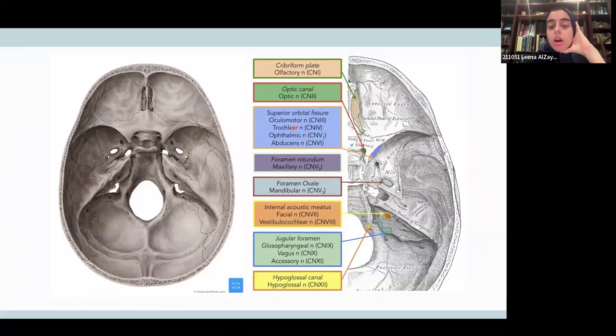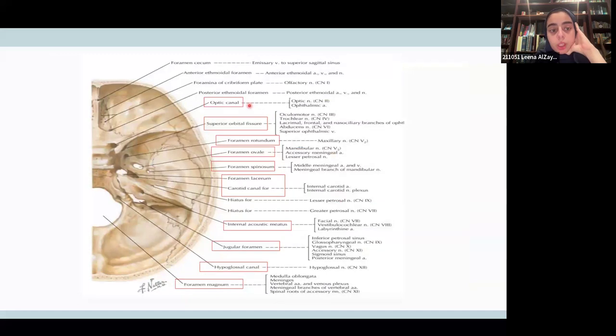Again, oculomotor, trochlear, abducent, and a branch of the trigeminal called the ophthalmic branch. And this is where it is, this long, slender thing. It's also here: superior orbital fissure, optic canal on the top, superior orbital fissure here.